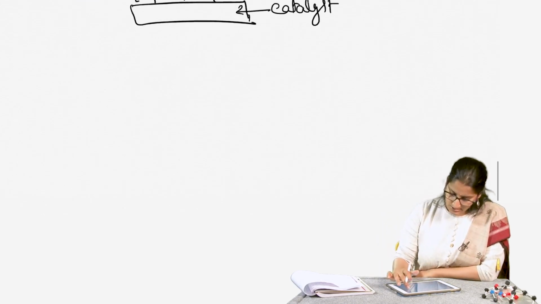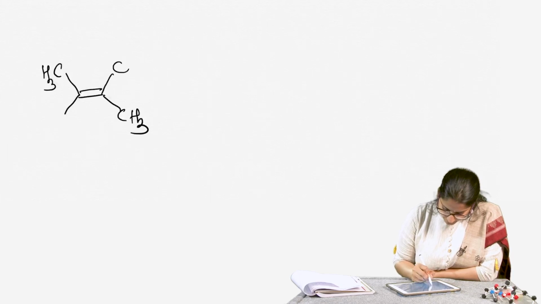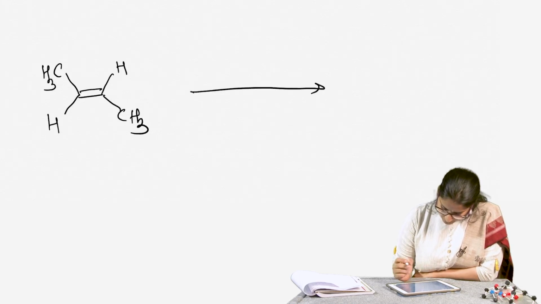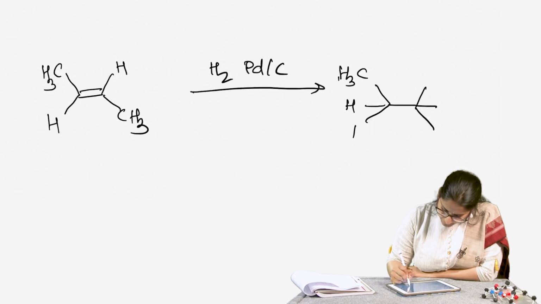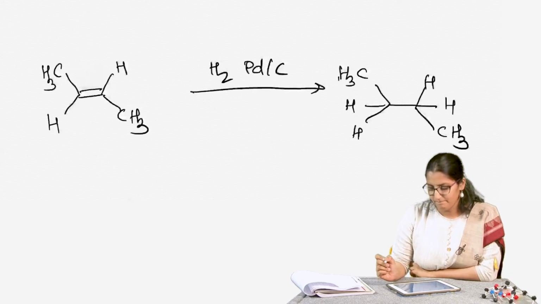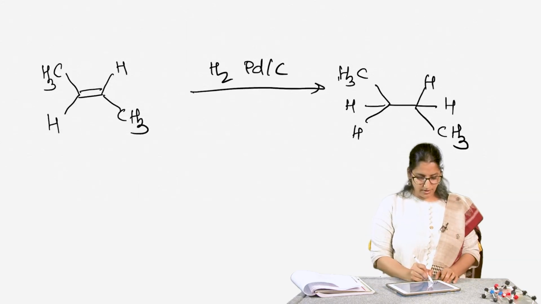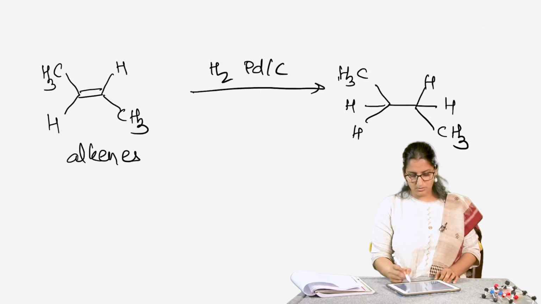So, what happens is, when the alkene reacts with hydrogen and palladium on carbon, you end up adding two more hydrogens across the carbon-carbon double bond. Okay. So, this is a way to convert alkenes to alkanes.